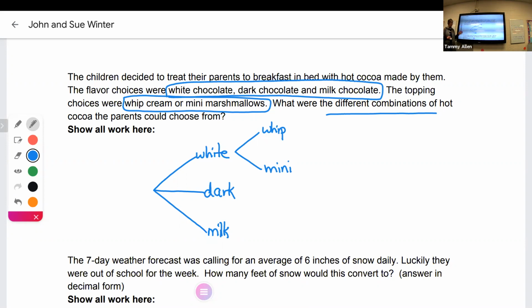But I could choose dark chocolate, but I still have a choice with, if I choose dark chocolate, of putting on whipped cream or mini marshmallows. But if my choice was milk chocolate, I still had a choice of putting on whipped cream or mini marshmallows.